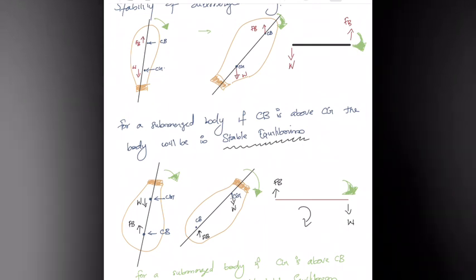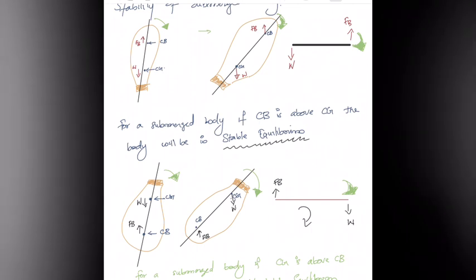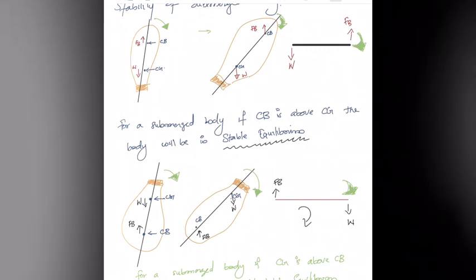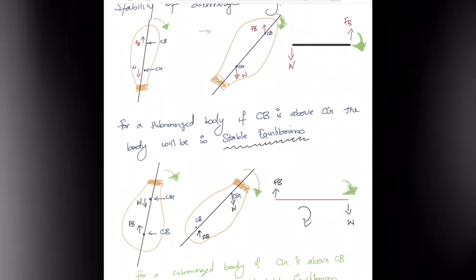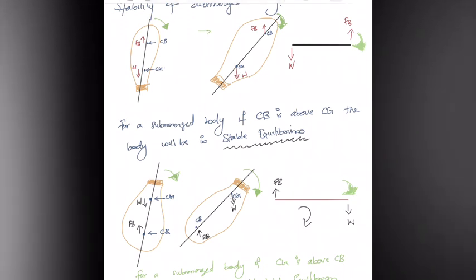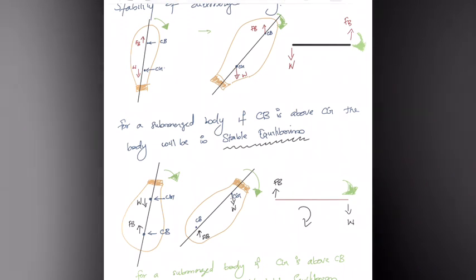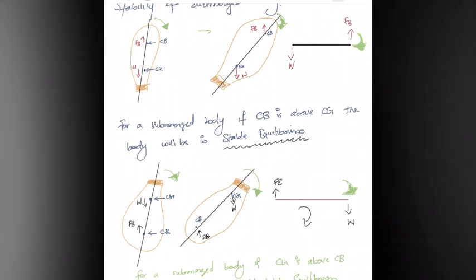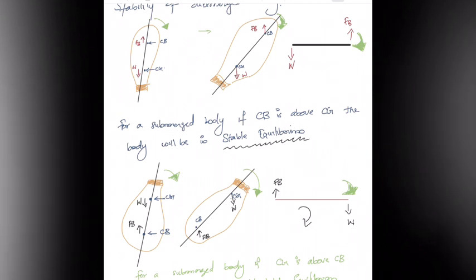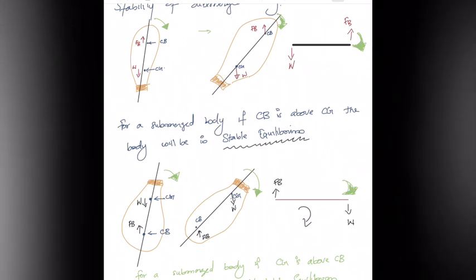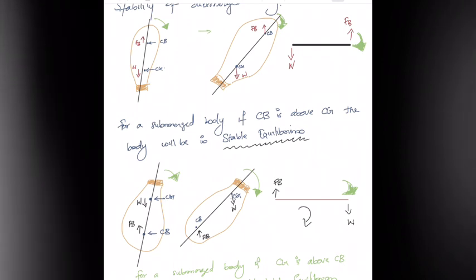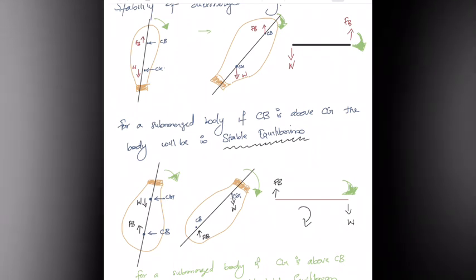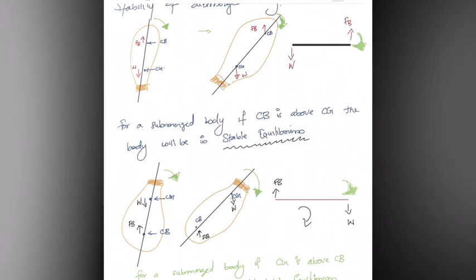Because when the tilting happens, there will be a moment forming between the force of buoyancy and weight, and that moment will also be in the same direction as the moment caused by the tilt. So the whole body rotates and moves to a new position. For an unstable condition, the submerged body should have its center of gravity above its center of buoyancy.